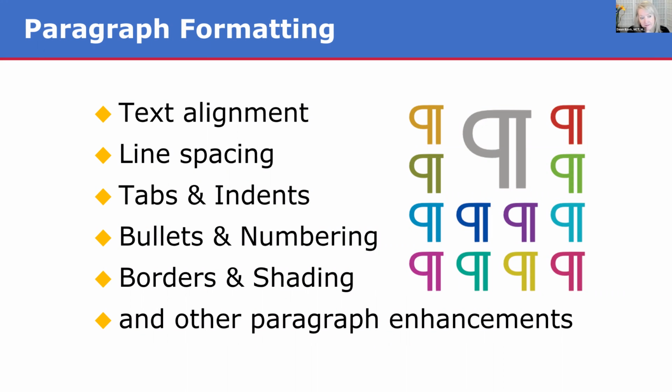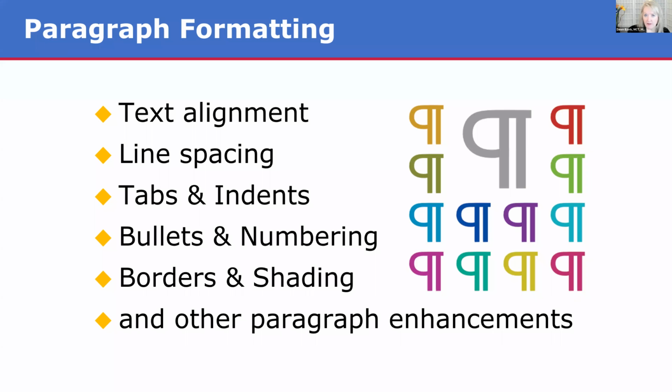Paragraph formatting is everything at the smallest unit that is followed by a hard return, that is, a paragraph mark. That's also something we should be displaying when we're editing our documents. This means text alignment, line spacing, tabs and indents, bullets and numbering.